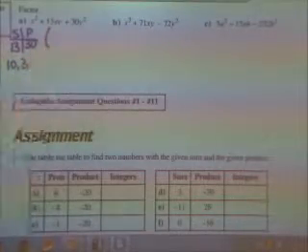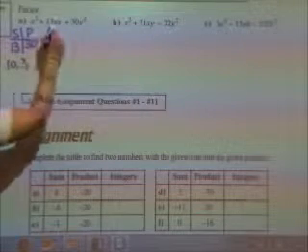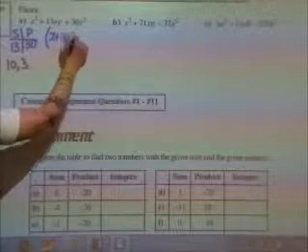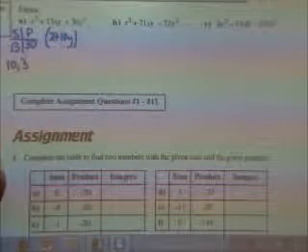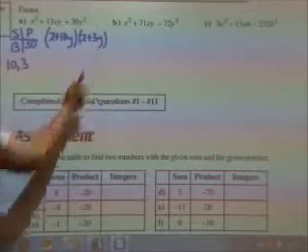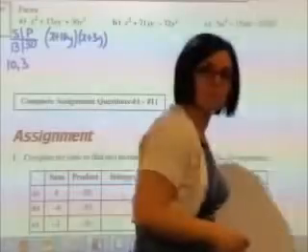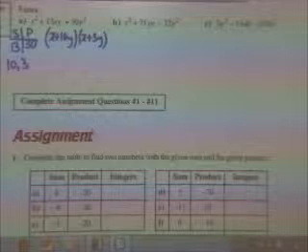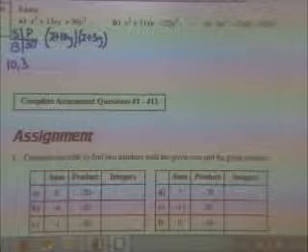So when I write my binomial, what would I write? X plus 10y and x plus 3y. So the only thing that changed is I have a y in my second term.